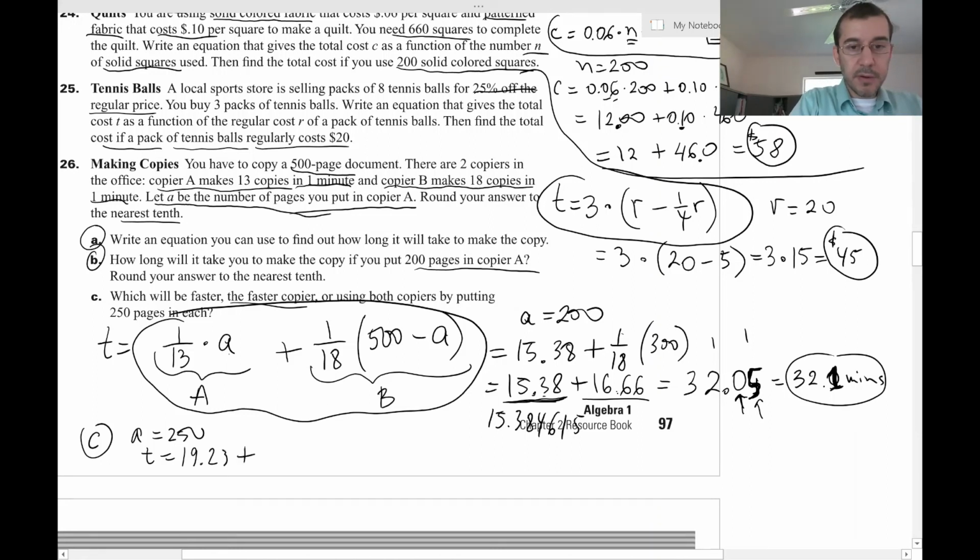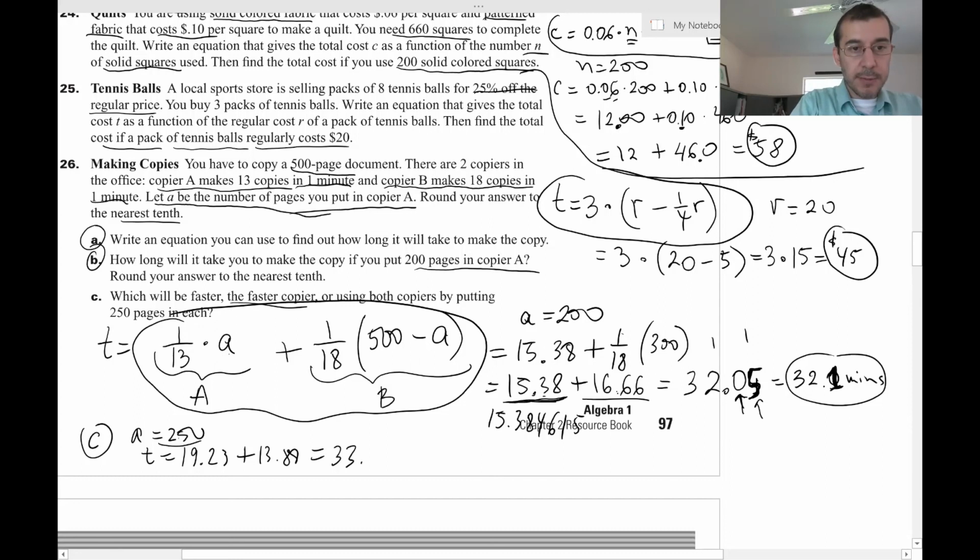And then plus 500 minus 250 is 250. So 250 divided by 18 is 13.88. So this is about 33 something, right?